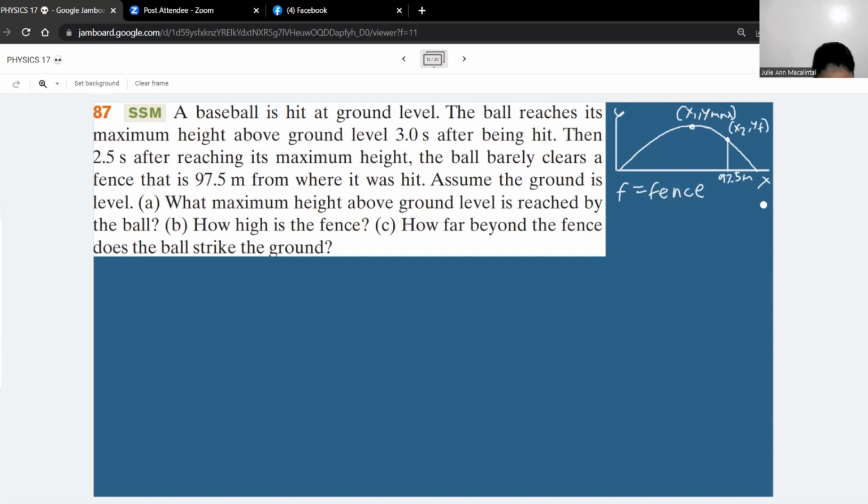Is equal to V0 sine theta times t minus 1/2 gt squared.